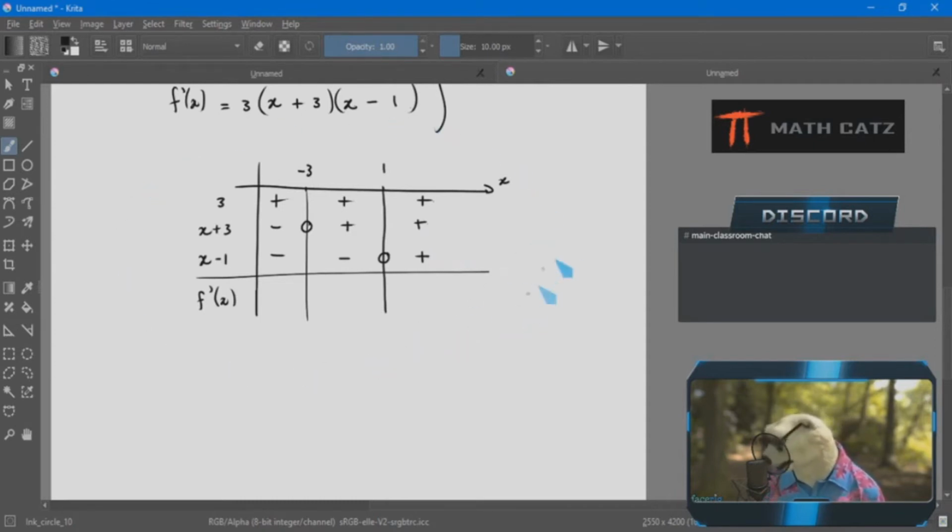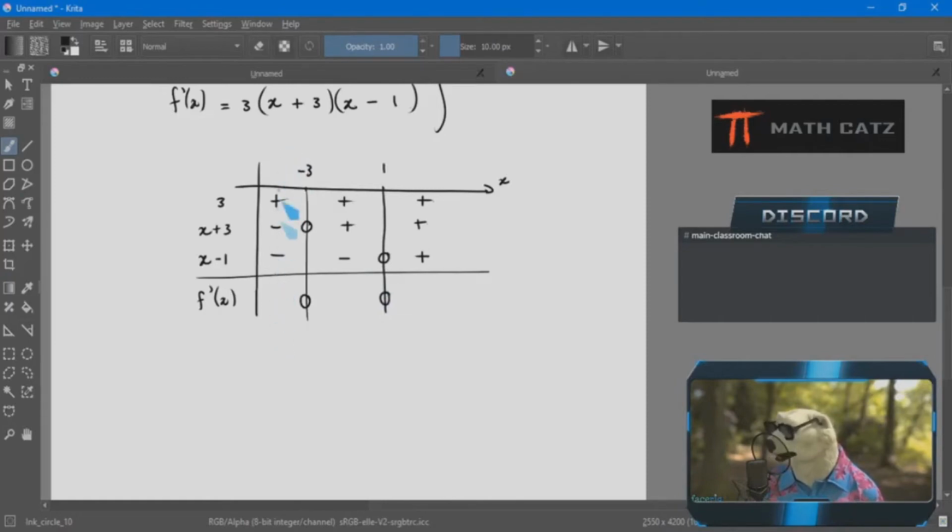So the table looks the same, but now it's applied to the derivative, not the original function. When x is -3, x plus 3, this bracket, is going to be 0, and it's going to make the whole thing 0 because I'm multiplying. When x is 1, the second bracket is 0, making the whole thing 0 because of multiplication.